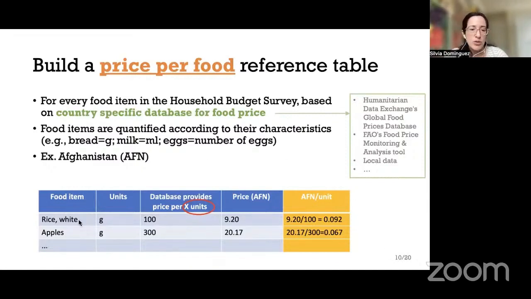You can see the price of rice is given per 100 grams. We have a price of 9.2 Afghan currency, which I don't remember right now. But all we need to do is divide it by 100, the unit base of our price source. And then we'll obtain the price per gram, which is, again, what we were looking for.